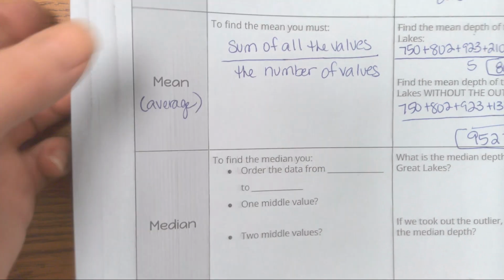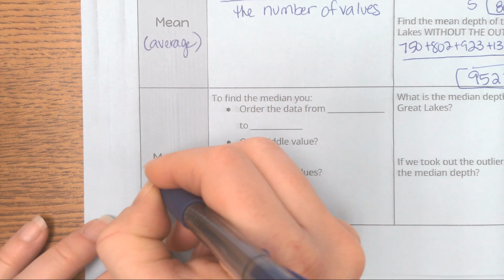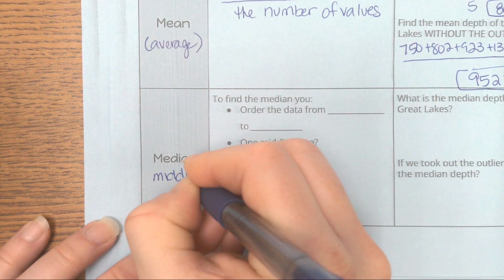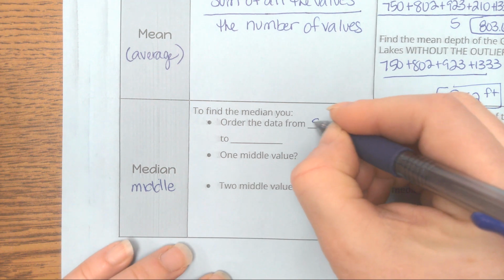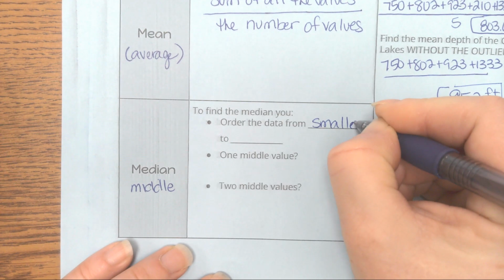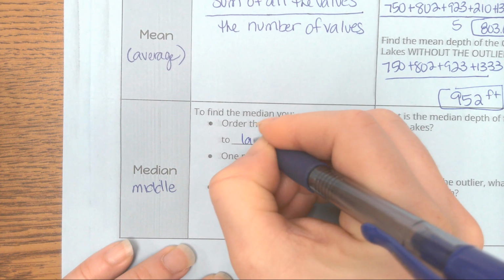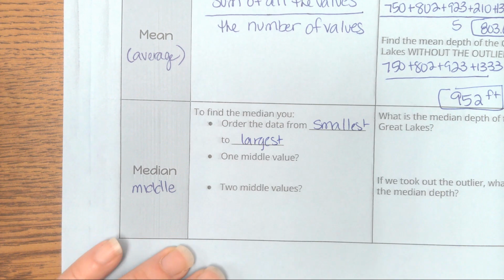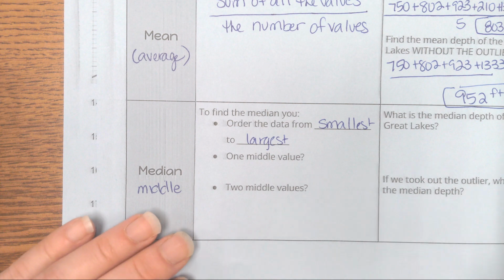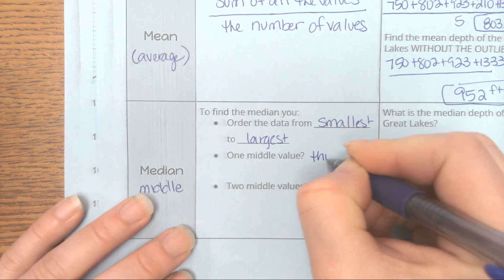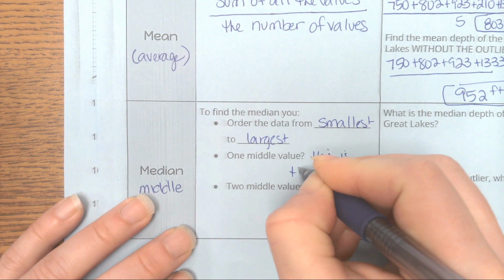All right, median. Median is just going to be the middle score or the middle data. So the very first thing you're going to need to do is order the data from smallest to largest. Once you do that, if there is one middle value, this is the median.